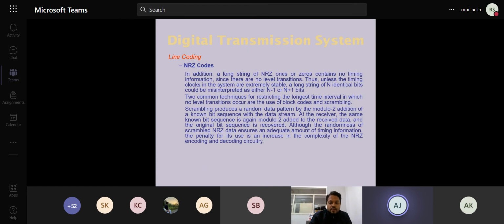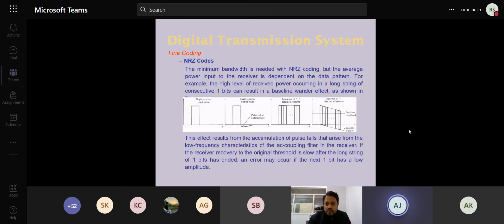This is what is defined as the baseline wander.